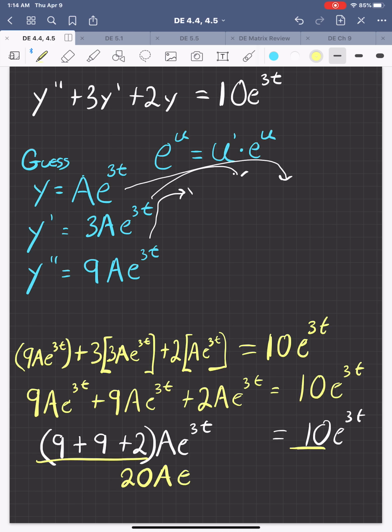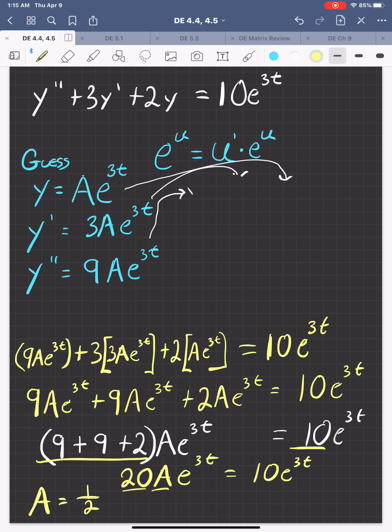A e to the 3t has to equal 10 e to the 3t. And now my only question to you is, what should a equal to make that work? Well, yeah, absolutely. A would have to be a half. Half of 20 is 10, and then the equation matches perfectly.